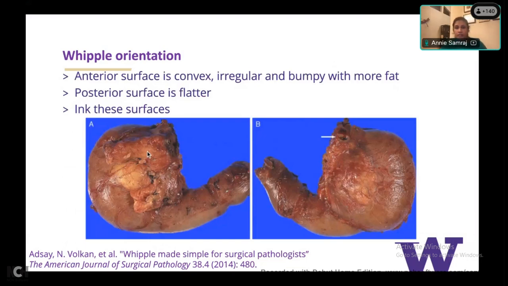The anterior surface is more convex, irregular, and has more fat. The posterior surface is flat, and these surfaces are inked as well, depending on whether you want to treat them as margins or not. Irrespective of that, it's easier to orient once the specimen is fixed in formalin. So these are useful to ink.